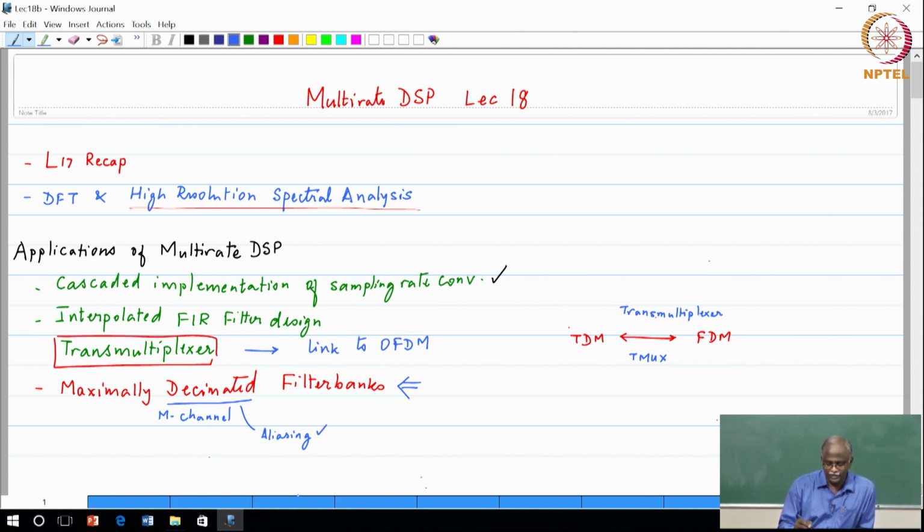It turns out that this is a fairly challenging problem, so we will limit ourselves to M equal to 2, and you will find that that itself is a handful. We will just indicate the ways in which you would extend it beyond M equal to 2. But when we come to the topic of maximally decimated filter banks, I will spend some more time on that.